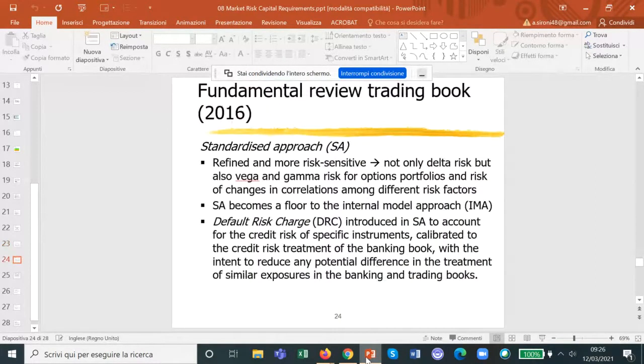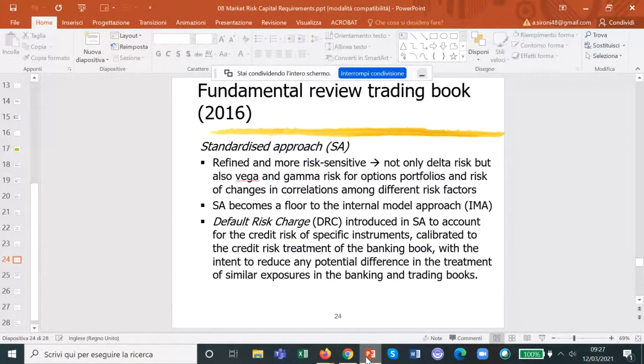What about more recently? More recently, there has been a fundamental review of the trading book, and also here there have been proposals for changes which are quite significant. First of all, remember, we still have a system where the capital requirements for market risk are either standard approach or internal model approach, okay?